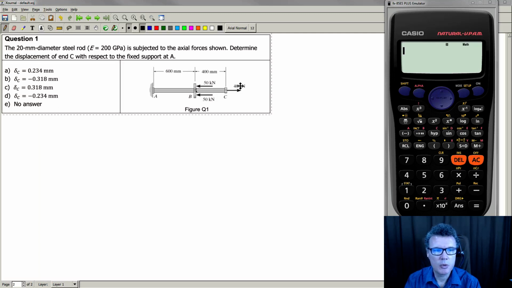Right, Question 1. Don't be confused by this, that we've got a flange here. So we've got two 50 kilonewtons pushing down.